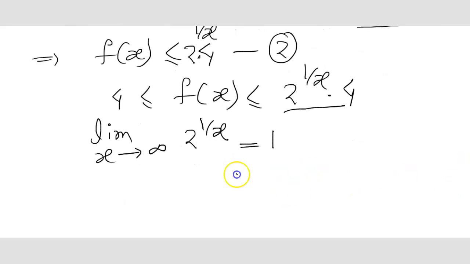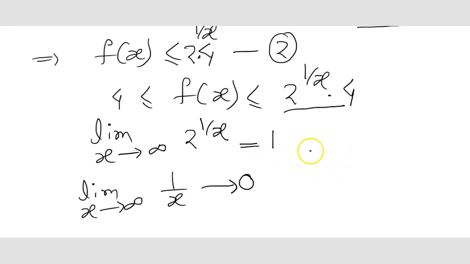It follows like this: when x tends to infinity, 1 by x always tends to 0, since 1 divided by a very large number tends to 0. And 2 to the power 0 is 1. That is why this limit is 1.